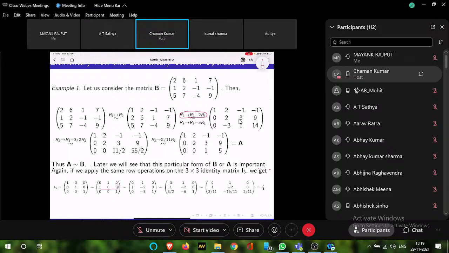You multiply the first row by minus 2, so you have 0 minus 2 0, and add this to the second row. So you get 1, 0 plus 1 is 1, minus 2 plus 0 is minus 2, and 0 plus 0 is 0. So this becomes your second row after you use this operation.